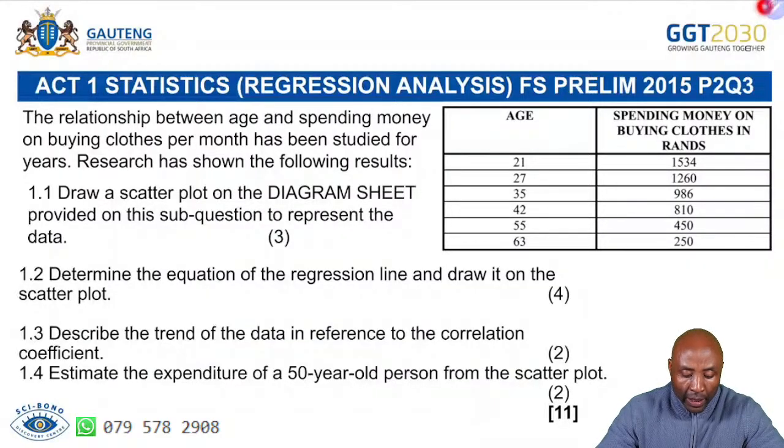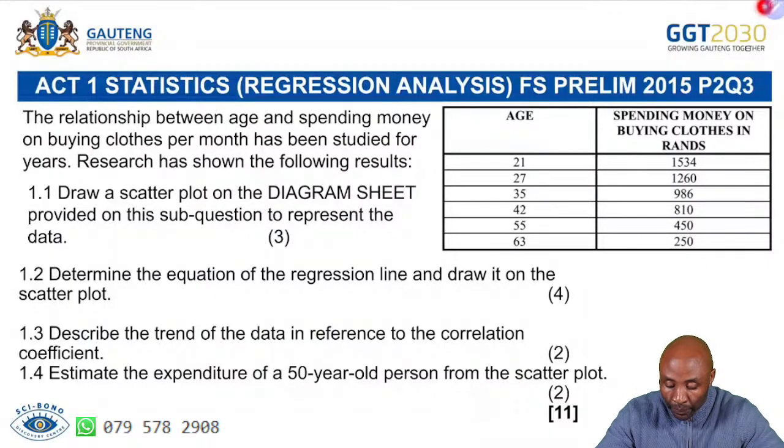Now, we are given the relationship between age and spending money on buying clothes per month has been studied for years. Research has shown the following results. Age 21, amount spent in rands, it's 1,534. Age 27, amount spent 1,260. Age 35, amount spent 986 rands.